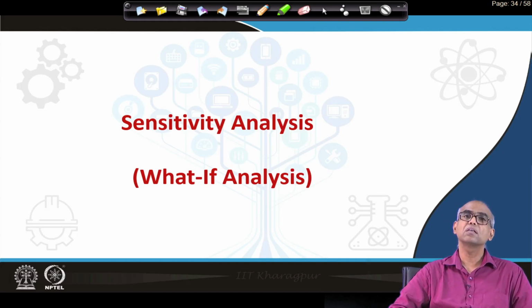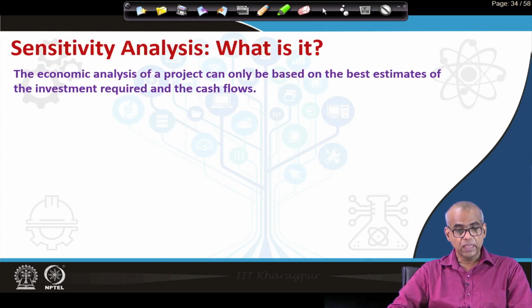There are uncertainties in these input values. So, what happens to the profitability analysis when the inputs on which it is based change? The economic analysis of a project can only be based on the best estimates of the investment required and the cash flows.